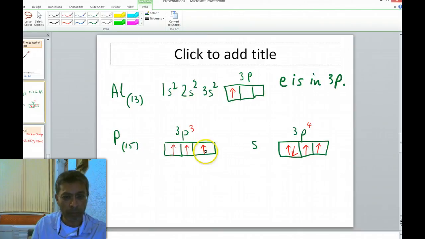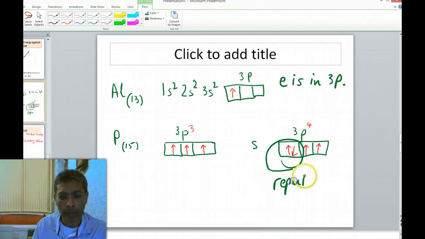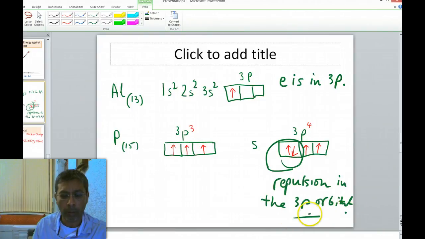If you look at phosphorus to sulfur, you notice there are 3 electrons in the p orbital for phosphorus. There are 4 electrons in the p orbital for sulfur. And the key word here is there will be repulsion in the 3p orbital.